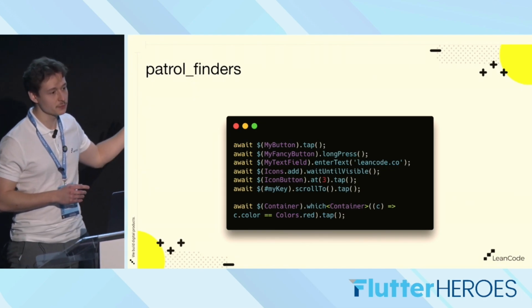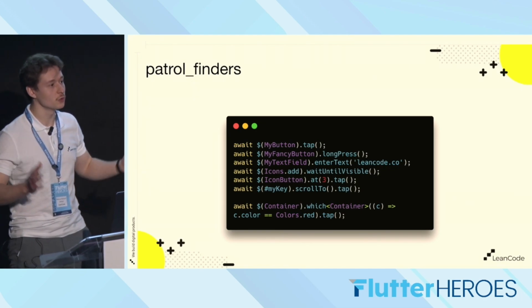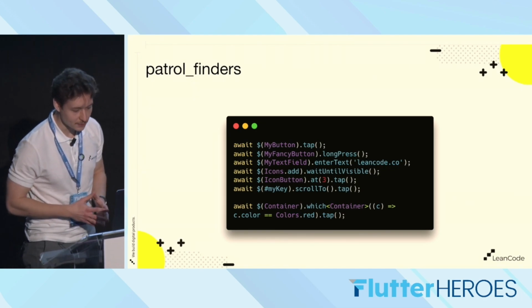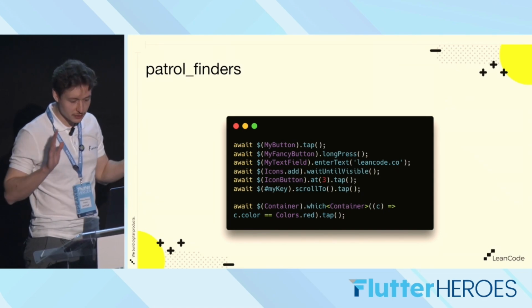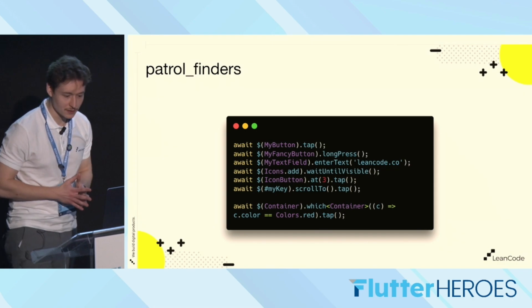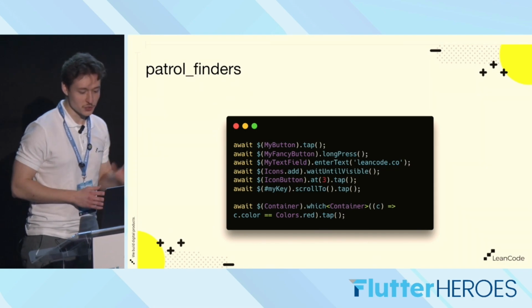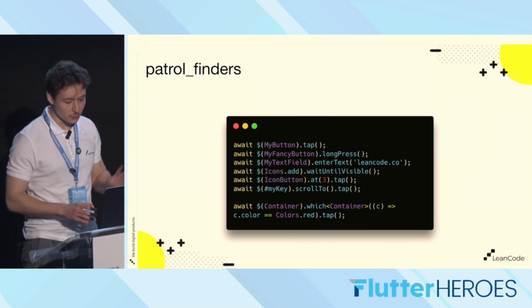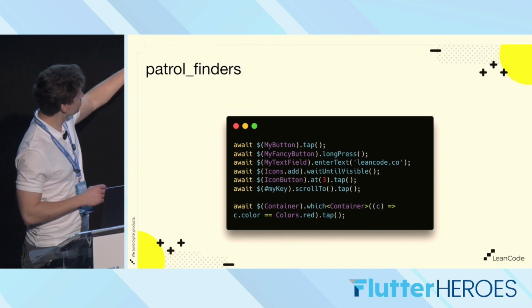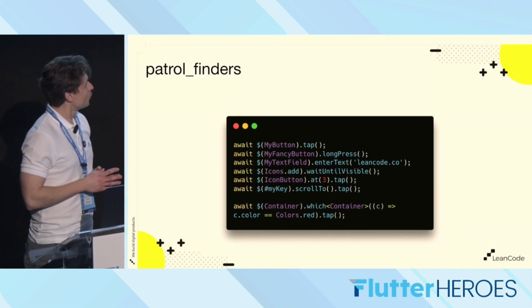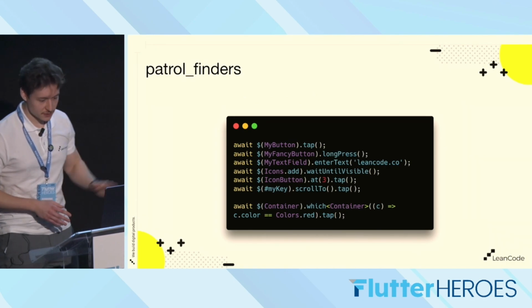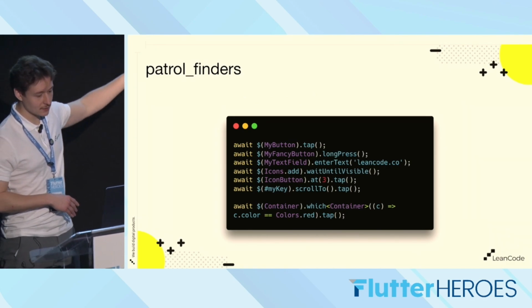It's just that the default behavior is the behavior that you would want most of the time, right? You can also chain it, as you can see, scroll to and tap, and we will take care of the future unwinding inside. We also export the which method, which is the same as widget predicate in Flutter test finders. So you can find a container whose color is red, for example.